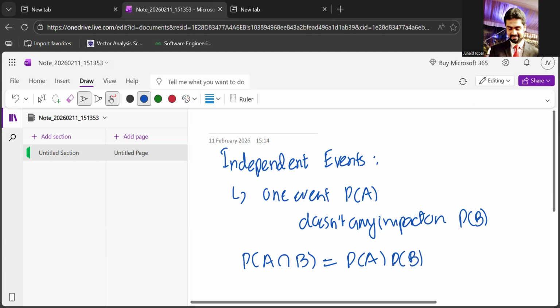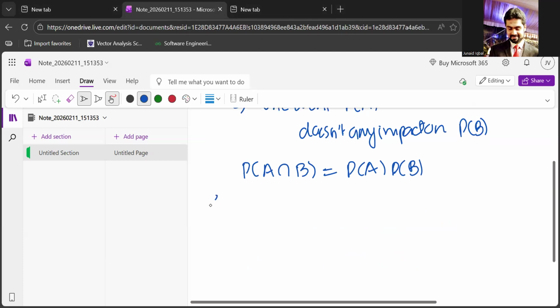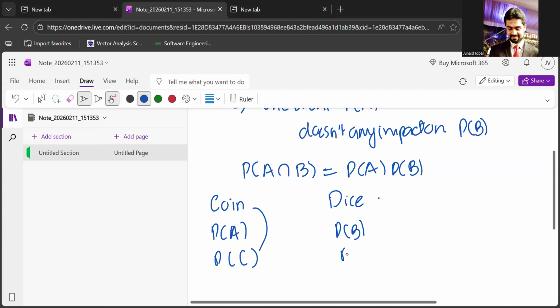So let's just take an example. Let's say you have a coin and a dice. You flip a coin and you roll a dice. So this is event A, which is coin. Let's say I'm saying it C for coin. Event B is for dice, so I'm labeling it with dice.